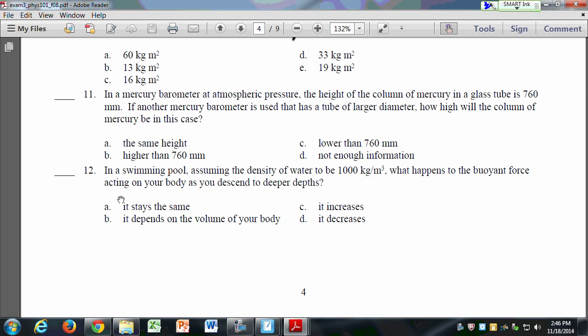In a mercury barometer, the height is 760 millimeters. If you have a tube that has a larger diameter, how high will the column of mercury be in this case? Y'all know?